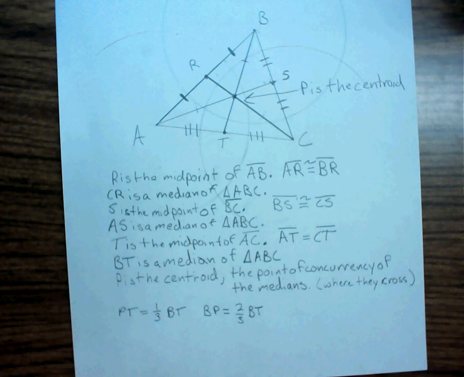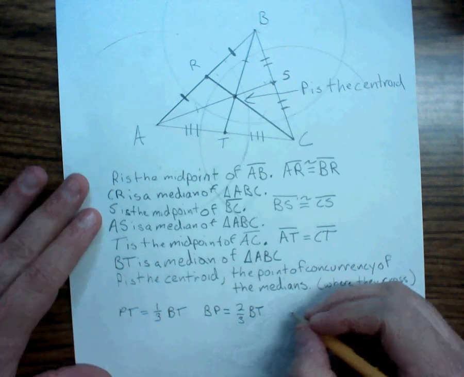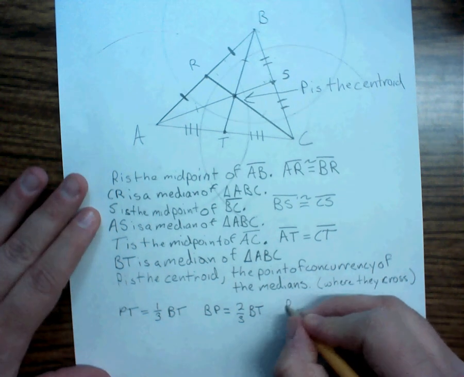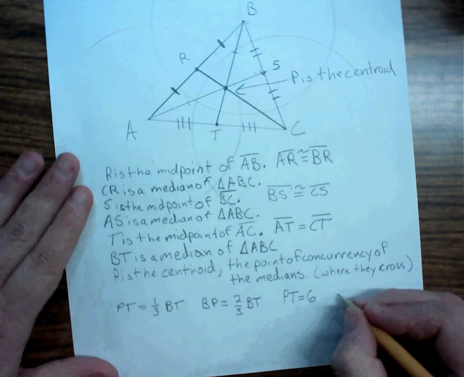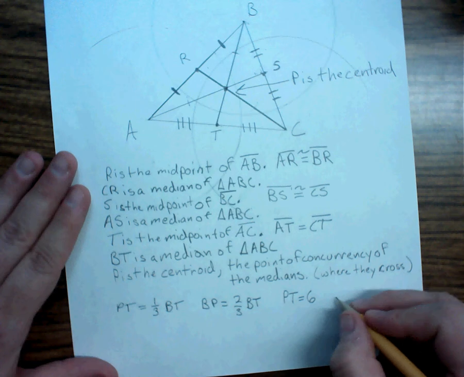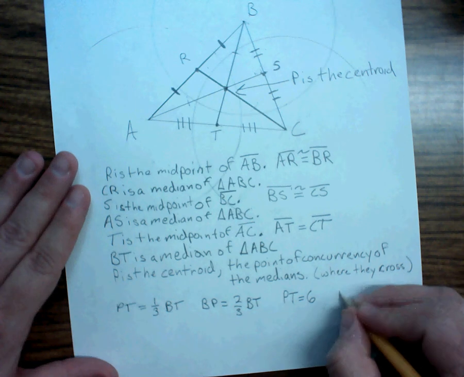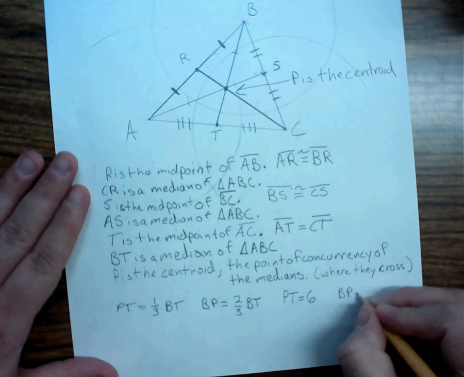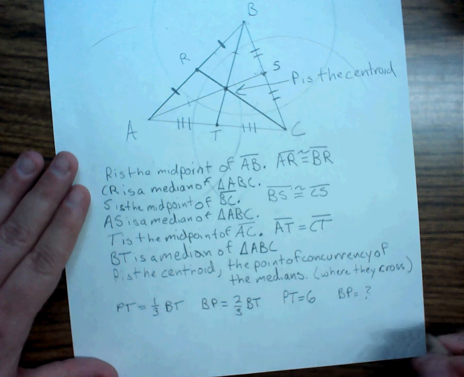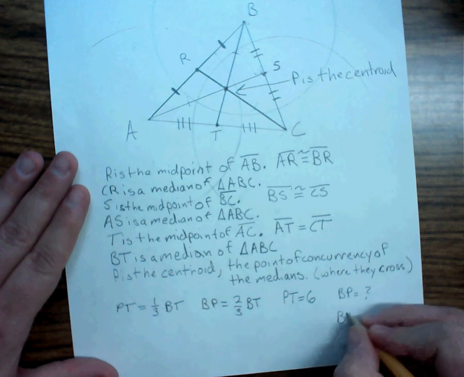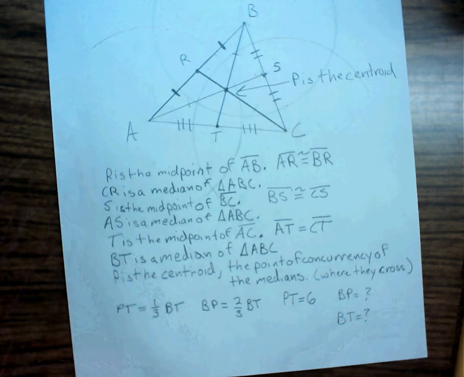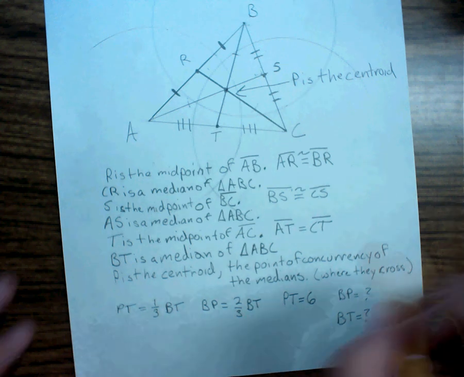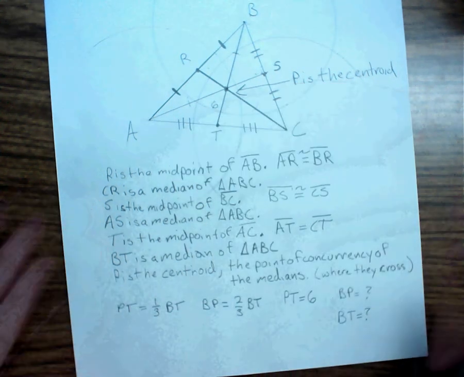Now, if I were to say to you, PT equals 6, what's BP? And then lastly, what's BT? In other words, the distance from here to here is 6.